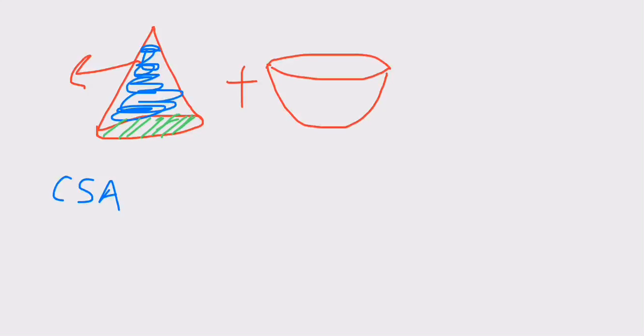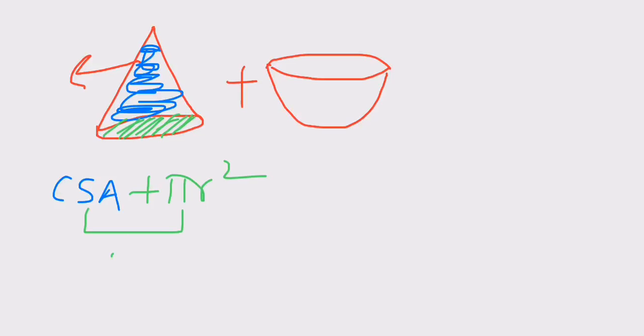Now dear students, if we want to find out the total surface area of this cone separately, individually, then we will have to find out this area, this shaded region, that is your CSA, and the total area also. This is the area of the circular base. This is your pi r square.